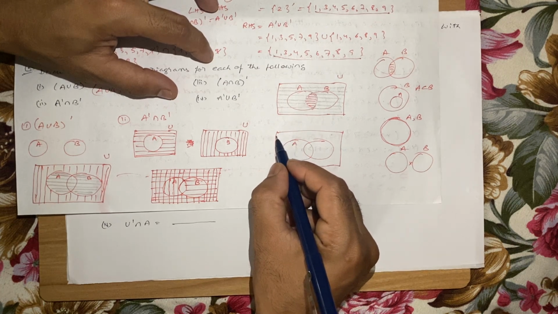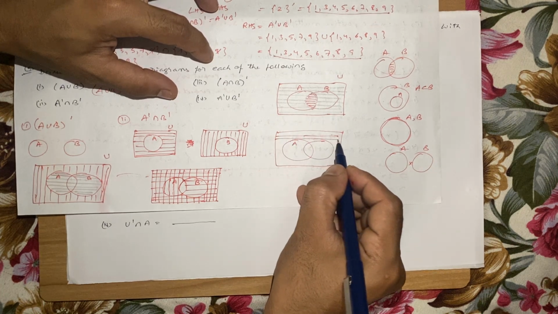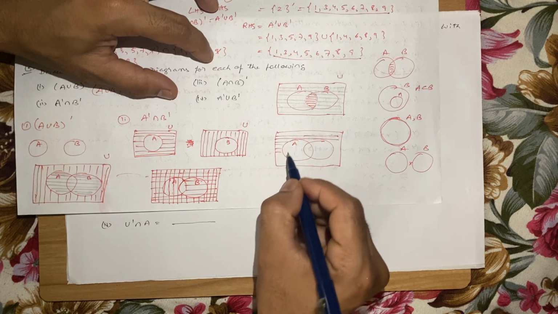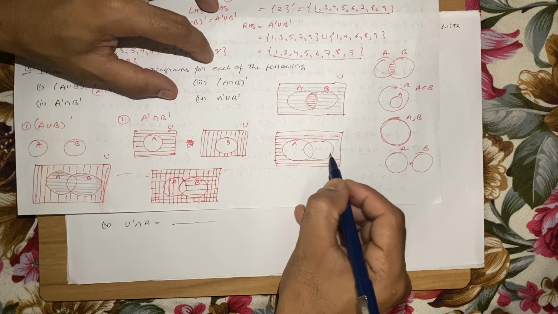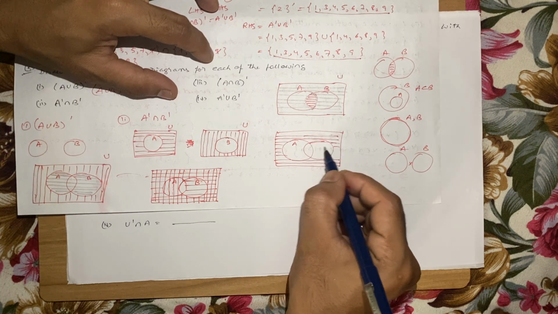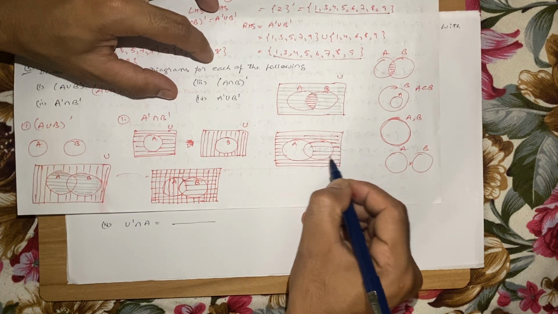In the same way, if this is A, then all the region outside A. Let me shade it out for you. This is the region that is outside A, right?